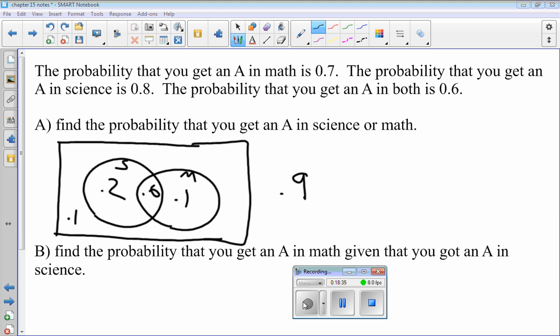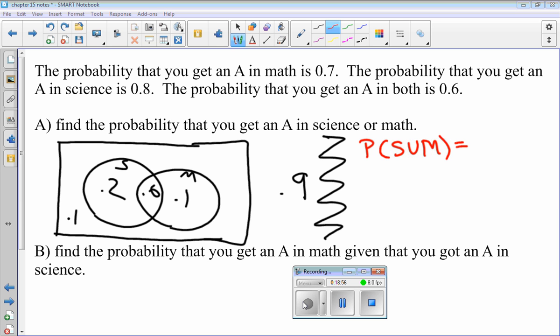We could also use the formula. The Venn diagram is a way to organize, but let's do it using the formula as well, because it should work that way too. The probability that you get an A in science or math. Let's think about it in context. Guys, this is important.